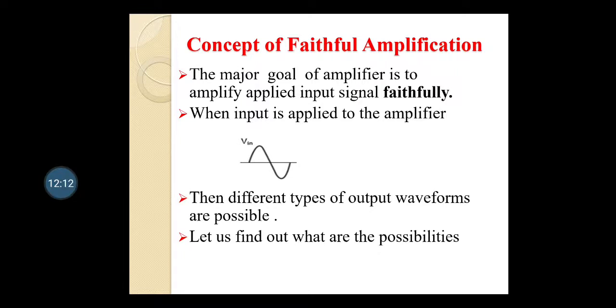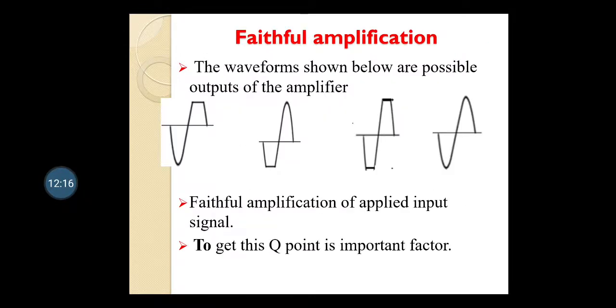Different types of outputs are possible at the output of the amplifier. You can see here the first output. Here, the negative half cycle is perfect in shape, but the positive half cycle is cut. Then it is not at all faithful amplification, because there is a distortion. If there is any problem in the shape and the amplitude, then it is called distortion, which is not allowed in the amplifier.